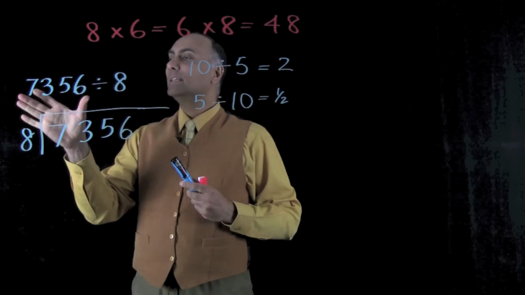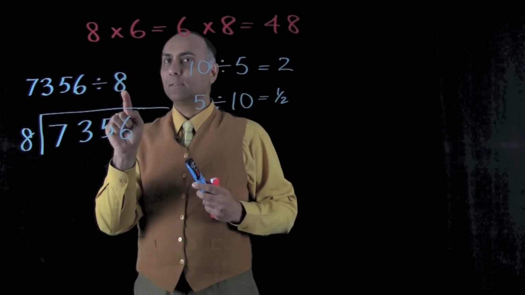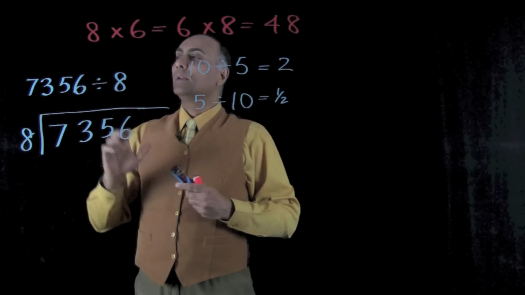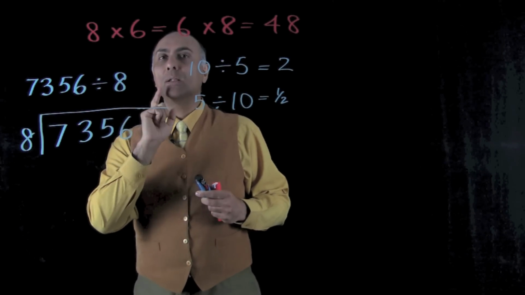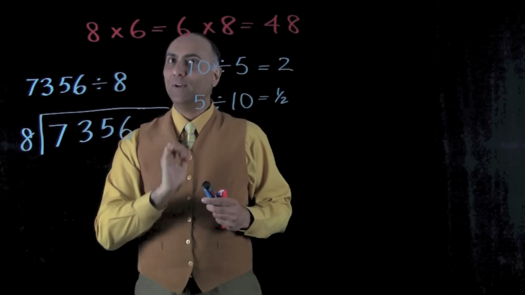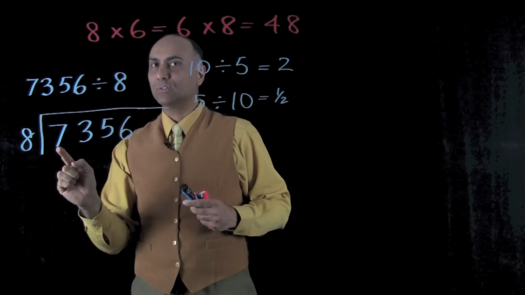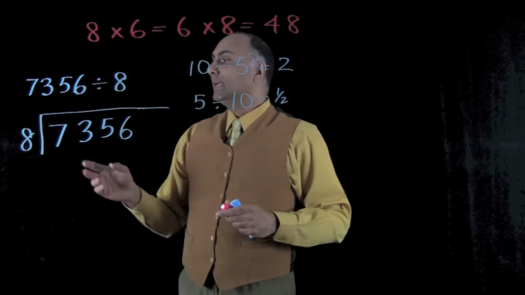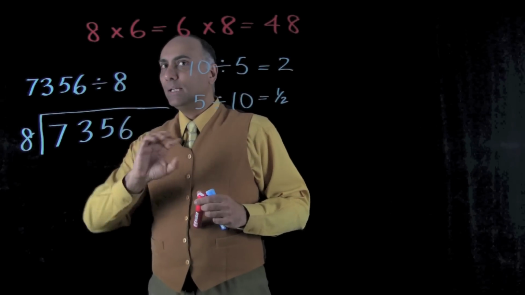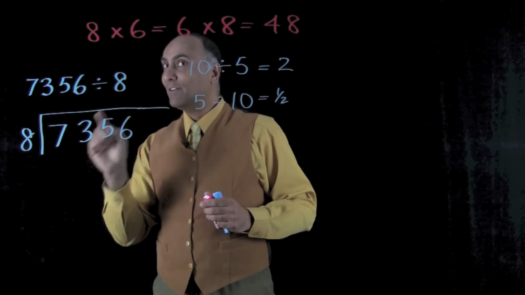And then to divide this number by the 8, you divide 8 into this number one column at a time, starting with the most valuable column, which in this case is the thousands column, which contains a 7. And this is how you do it. You say 8 into 7 will not go.